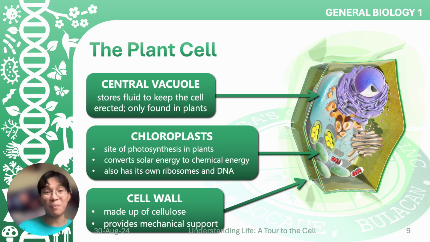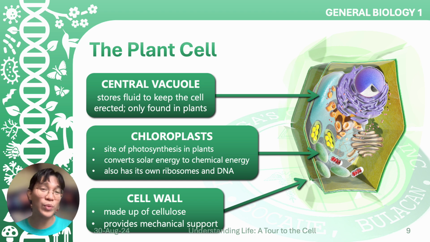Okay? So, here is what will set plant cells apart from animal cells. The first thing is the chloroplasts. I think you have seen that on fresh leaf samples or even under the tomato cell. The chloroplasts are those structures that give you your green pigments in plants. Again, these are the sites of photosynthesis, and they convert solar energy to chemical energy.